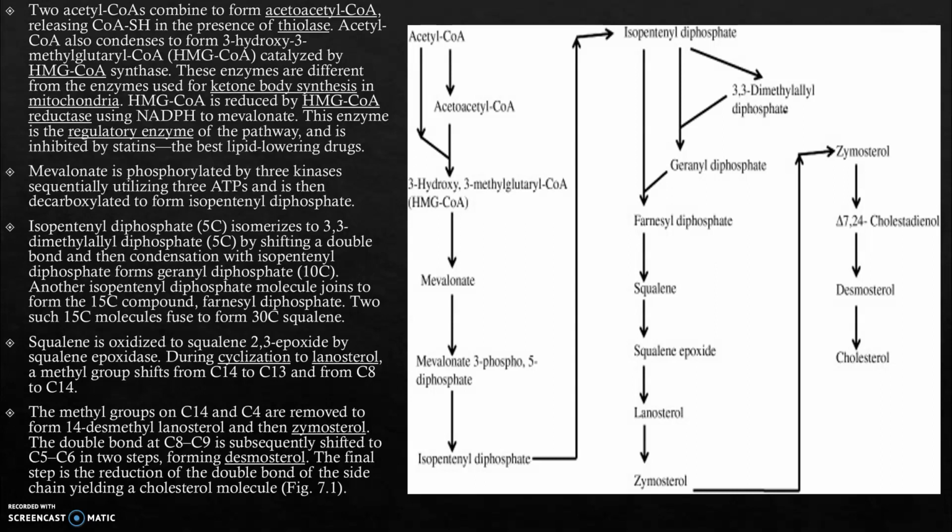The methyl groups of C14 and C4 are removed to form 14-demethyl lanosterol and then zymosterol. The double bond at C8 and C9 is subsequently shifted to C5 and C6 in 2 steps, forming desmosterol, and the final step is the reduction of the double bond of the side chain, yielding a cholesterol molecule, which is this figure here.